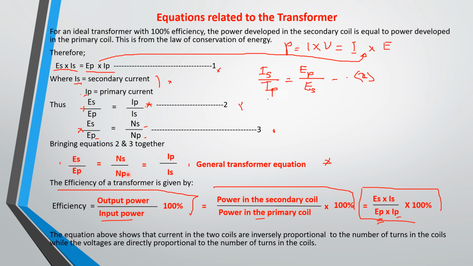Voltage is directly proportional, current is inversely proportional. I hope that is clear, and if you have understood that, thank you very much. Basically, these are the equations for carrying out any calculations when it has to do with the transformer.